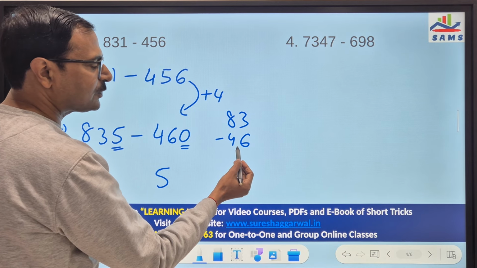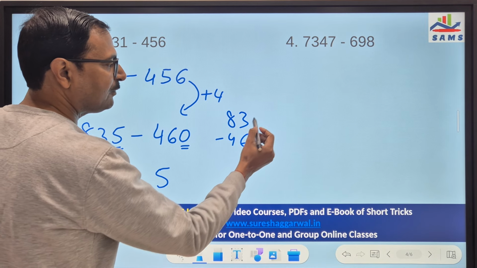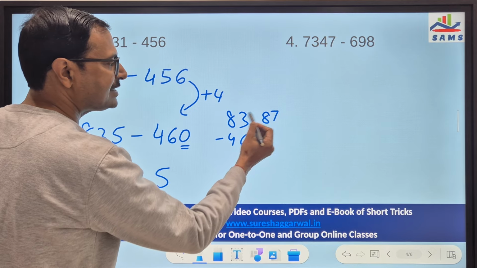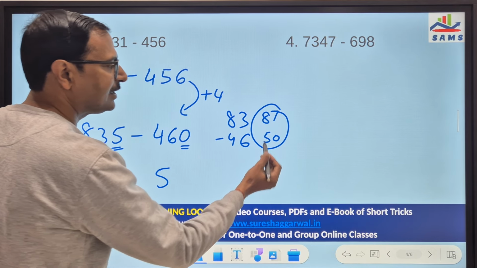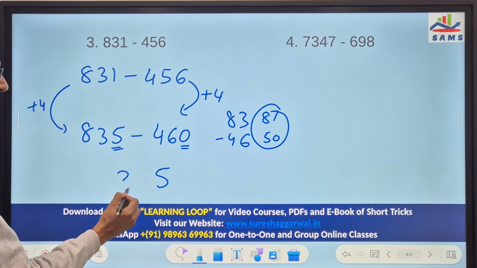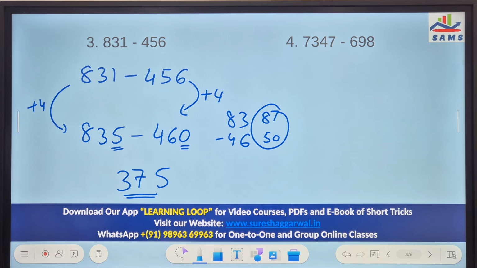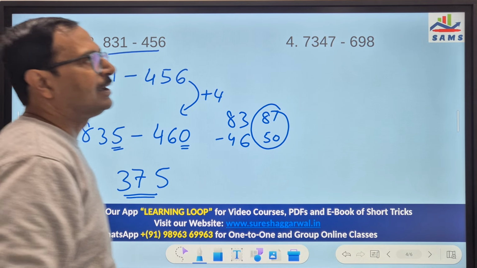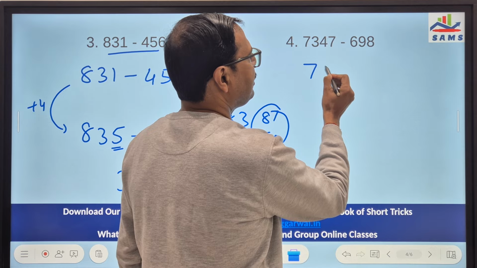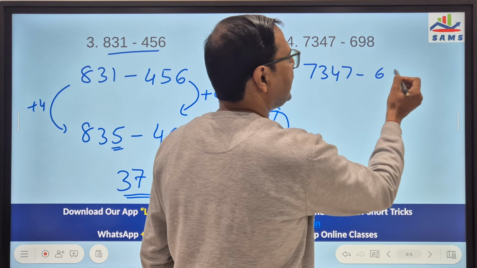So 83 minus 46, if I increase this by 4, 83 becomes 87 and this becomes 50. Subtraction is very easy, 37. So 375 is the difference of these two numbers. Likewise, 7347 minus 698.